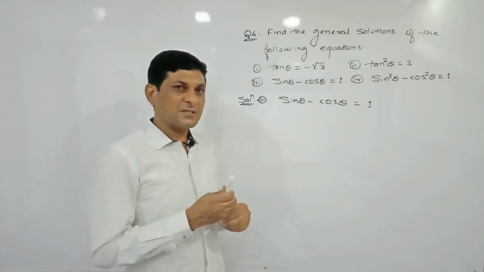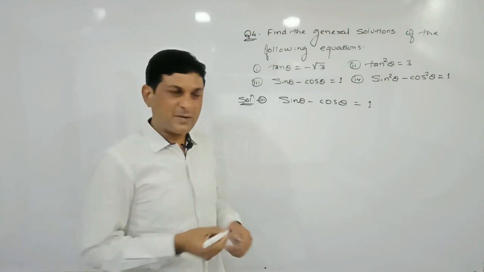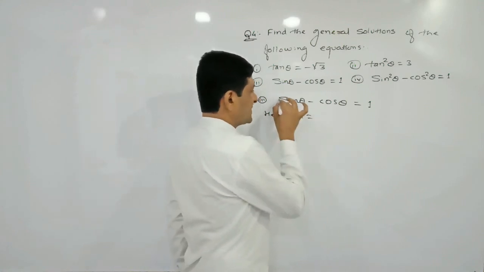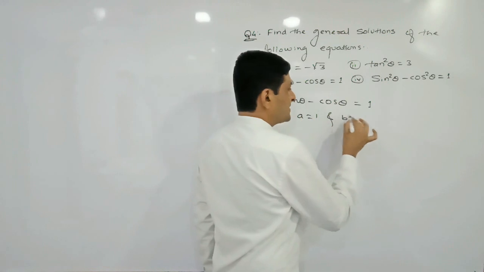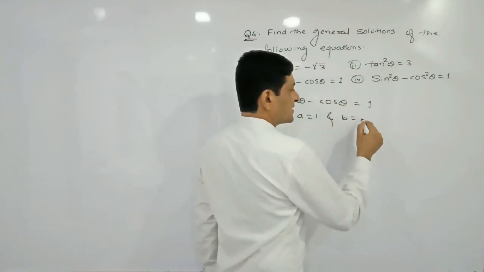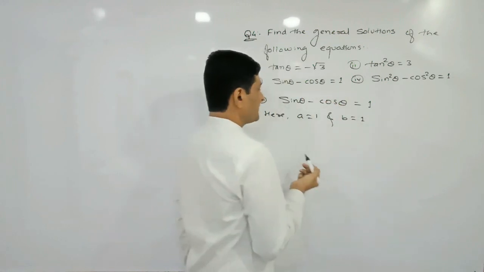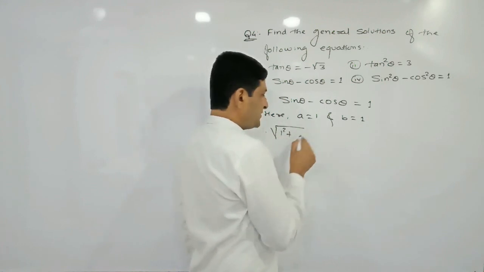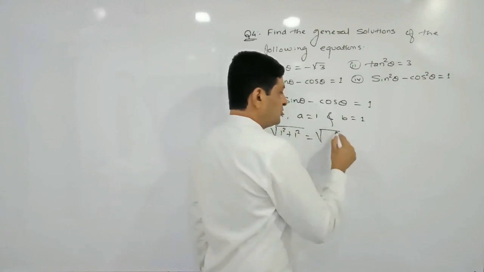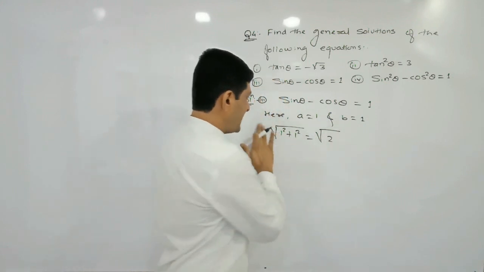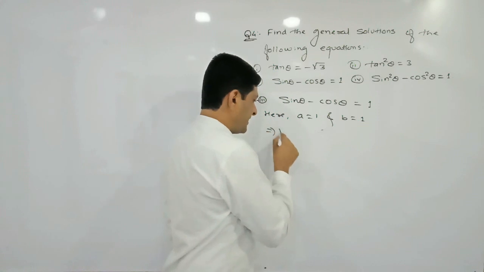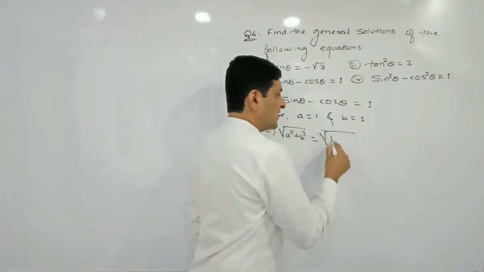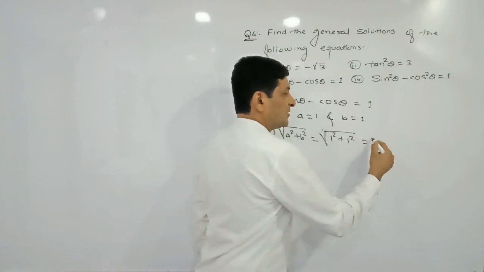So first let us try to find out the value of under root a square plus b square. Here a, the coefficient of sin, is equal to 1, and b, the coefficient of cos, is also equal to 1 here. So under root a square plus b square is equal to under root 1 square plus 1 square, which is equal to root 2.